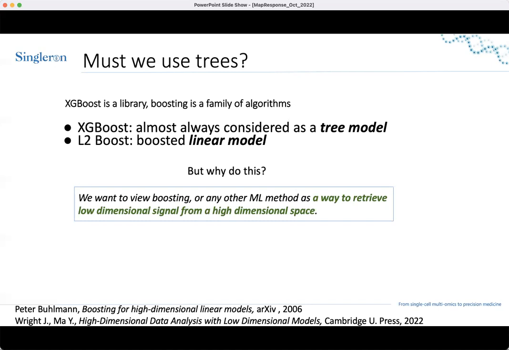There's some low dimensional subset or combination or interaction that's actually all you really need to find in your data set to be able to do prediction or to model that data set. And so these boosted linear models, or L2 boosting, actually have a nice property where we can strictly regularize them in a way that lets us try to recover that low dimensional structure. And so I think that's very important in single cell analysis.